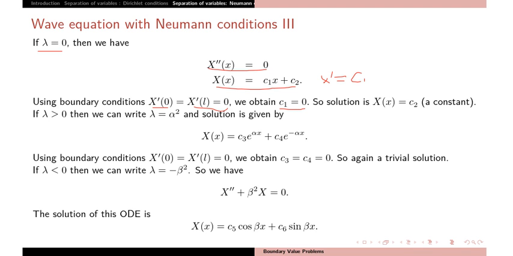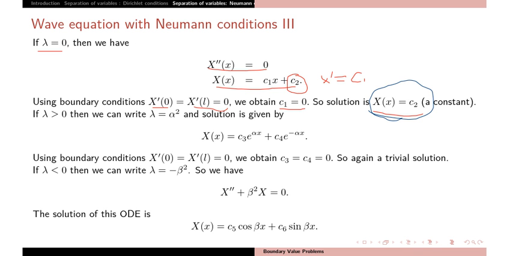But you cannot determine c2. So X will be c2, a constant. So here you got one extra solution which is a constant. For simplicity you can take 1. 1 is a solution, 2 is also a solution. So any constant is also a solution of the Neumann problem.